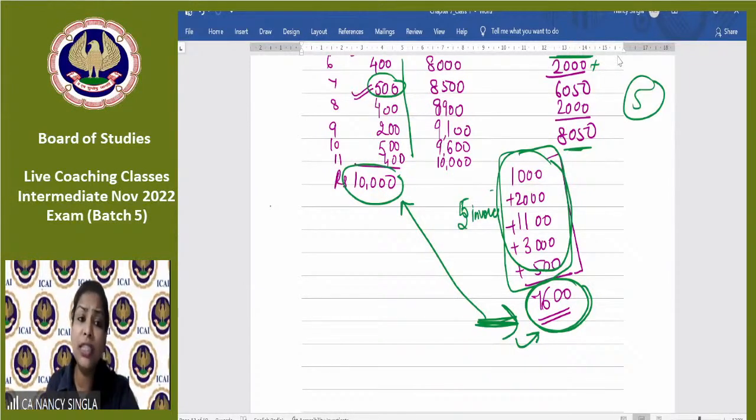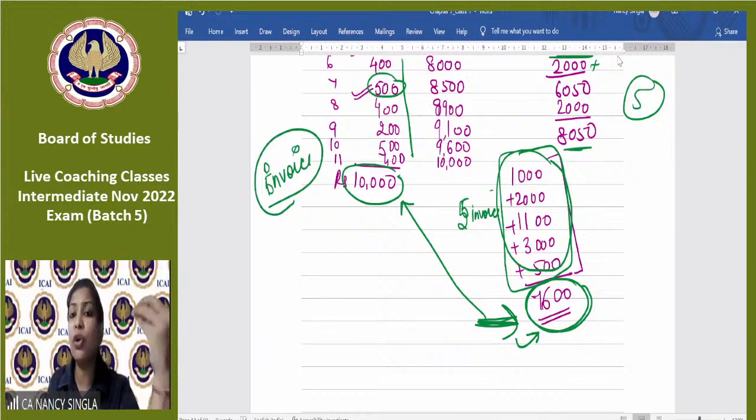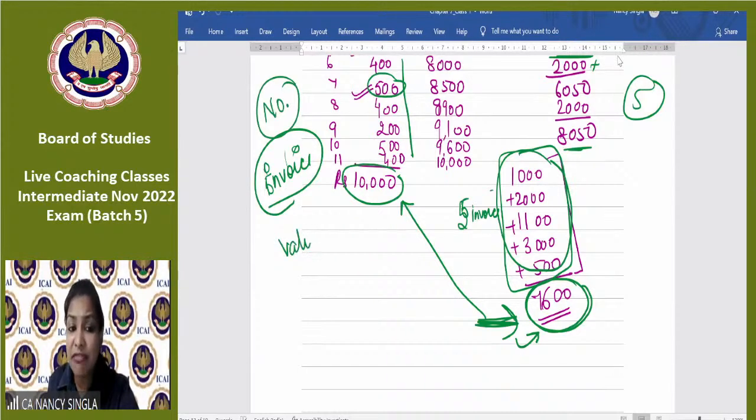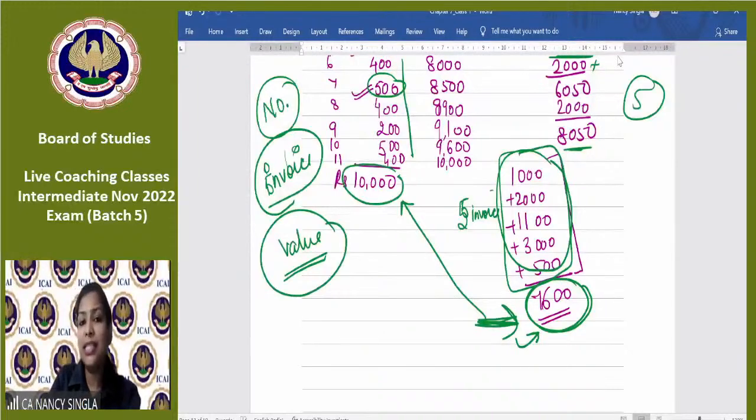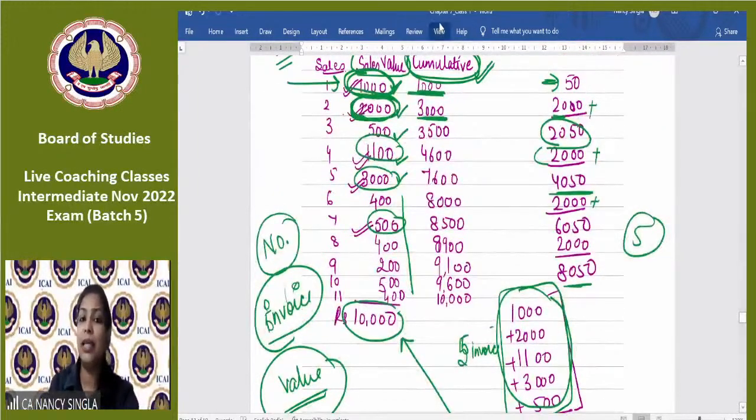So here I'm not saying that I want to check 5 invoices, or I want this invoice or that invoice. I'm not identifying it by the invoice number, but by the invoice value. So value has been given weightage, and by applying this method, the transactions of higher values will get selected.